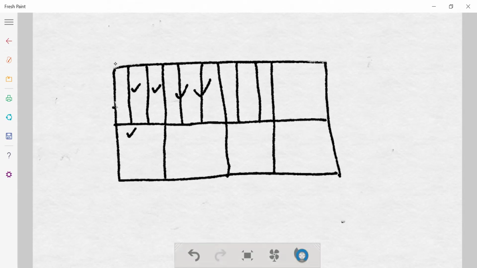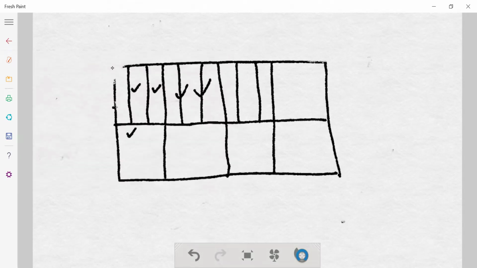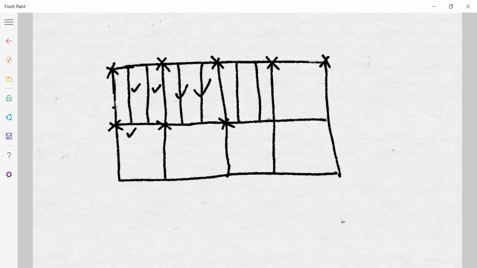So we know that these are the columns. These were the columns 3, 4, 5, 2, 3, 4, 5, 1, 2, 3. And the center to center we know was 5 meter.